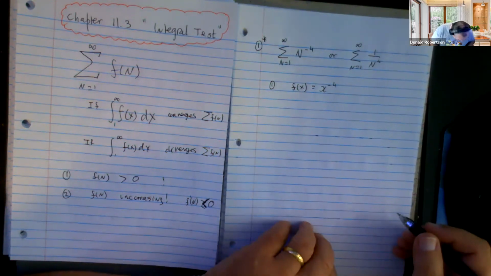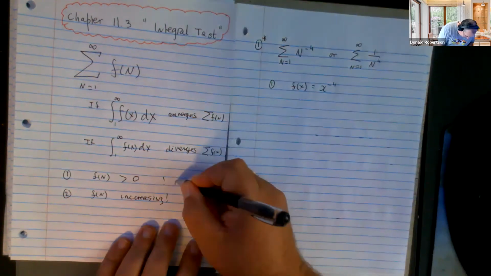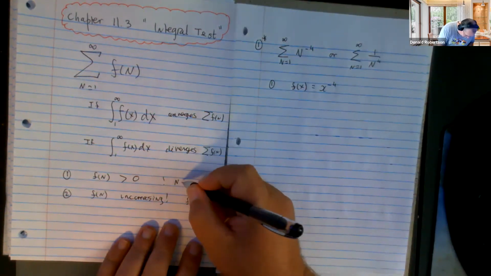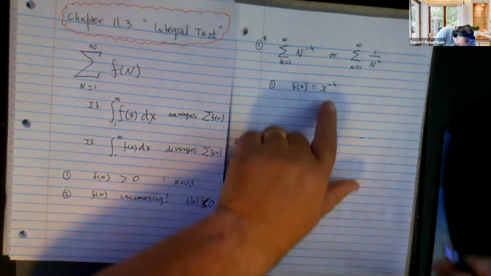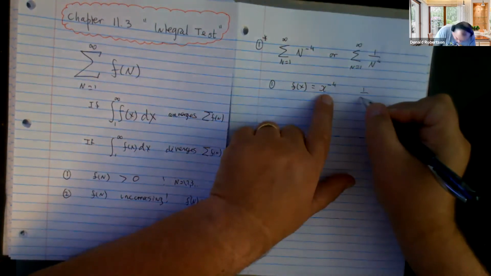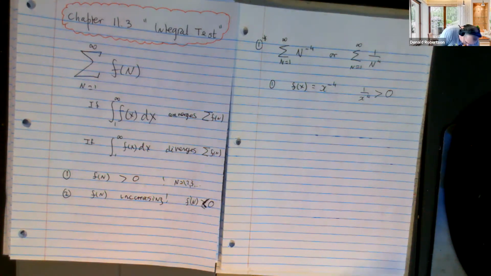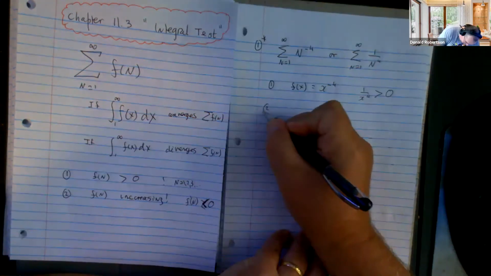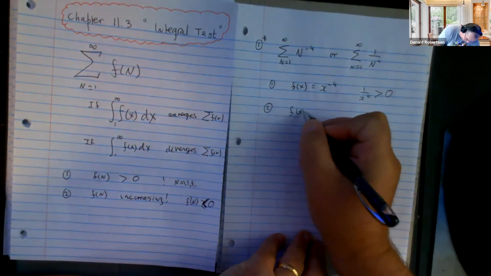Now, when we're talking about this positive thing, we're only talking about n being the numbers like 1, 2, and 3, and so on. Would you agree that 1 over x to the 4 is always going to be positive? So I'm really just stating it because there's not really any math I can think of that would be enough to prove that.